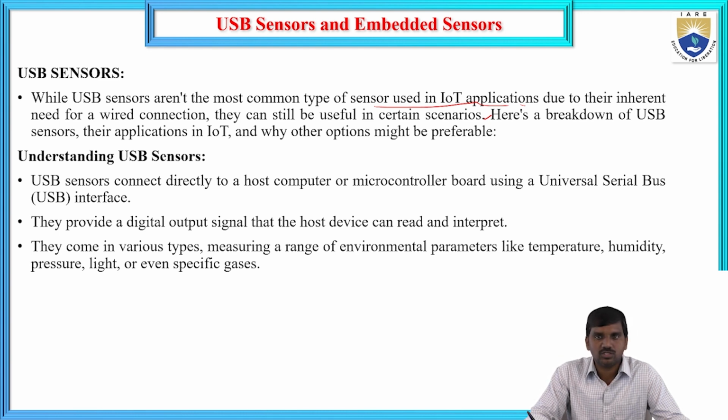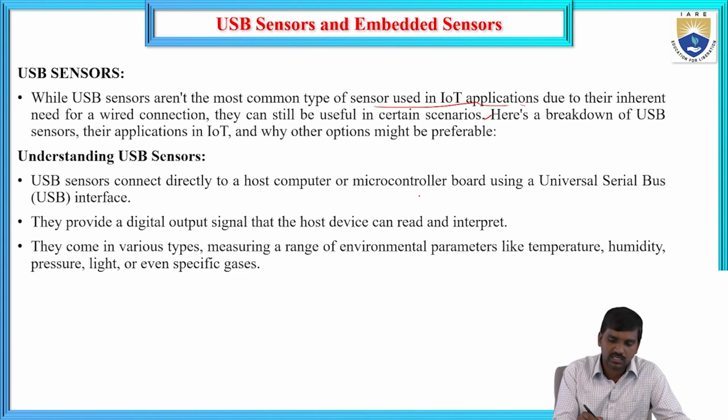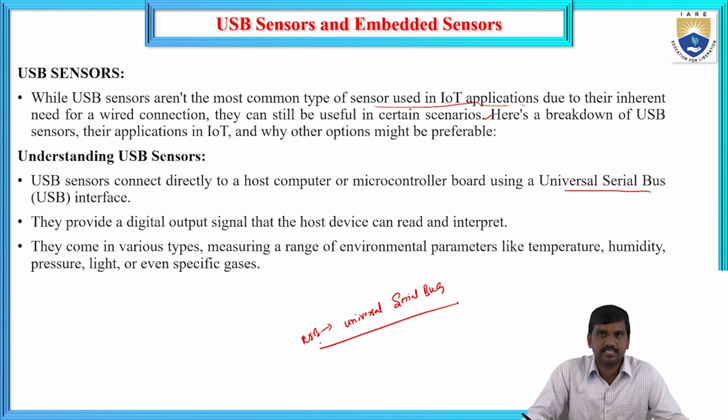So, understanding USB sensors, we have some points here. USB sensors connect directly to a host computer or microcontroller board using a universal serial bus, that is USB. USB is just a universal serial bus interface. They provide a digital output signal that the host device can read and interpret.